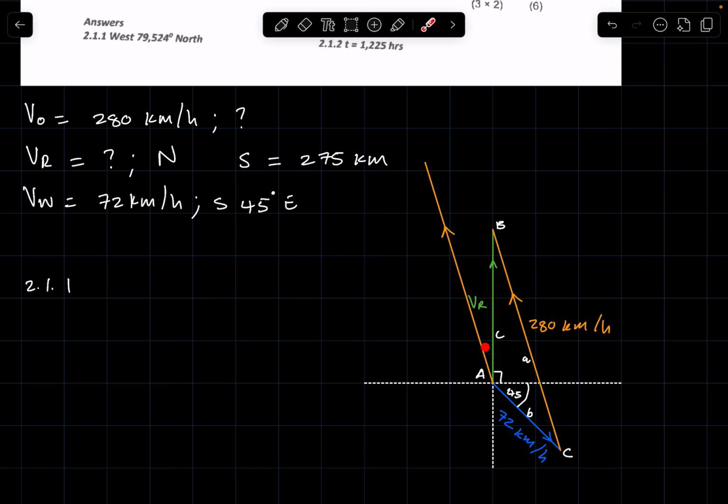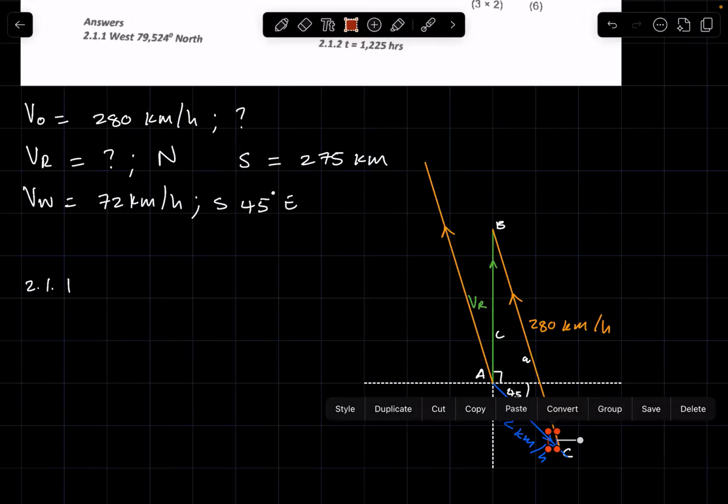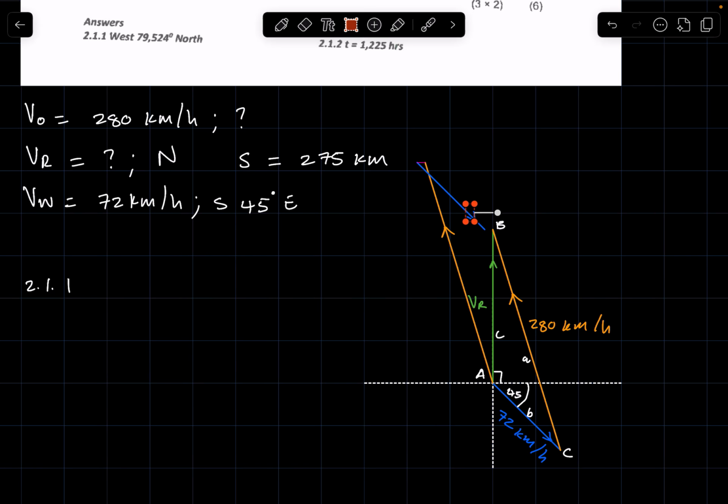So the aircraft is going to travel like that, and then because of this wind vector, the wind vector is going to push the aircraft to a direction that is directly north. So after flying 275 kilometers in displacement, the aircraft would have been pushed back to course.